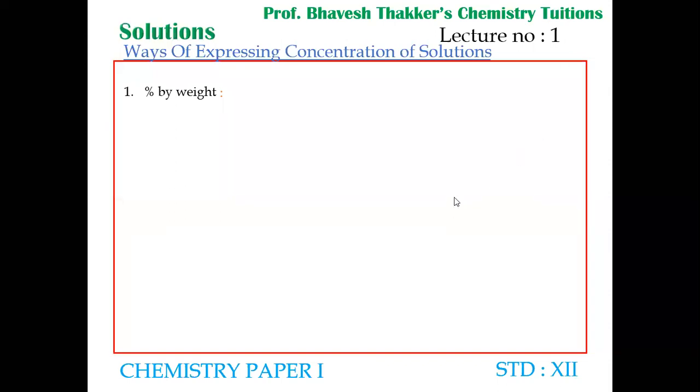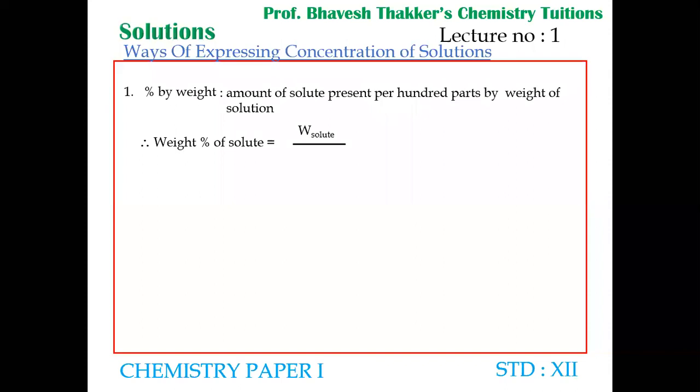Mass of solute upon mass of solution into 100. Very good. Very good, Rishabh. Yeah, Siddharth. Very good. It is mass of solute upon total mass of solution into 100. Okay. Or we can write mass of solute upon solute plus solvent into 100.